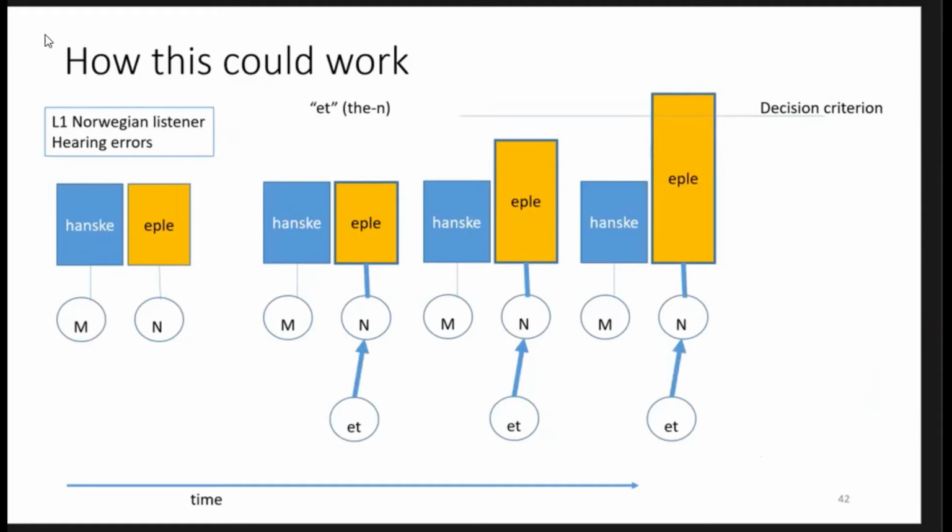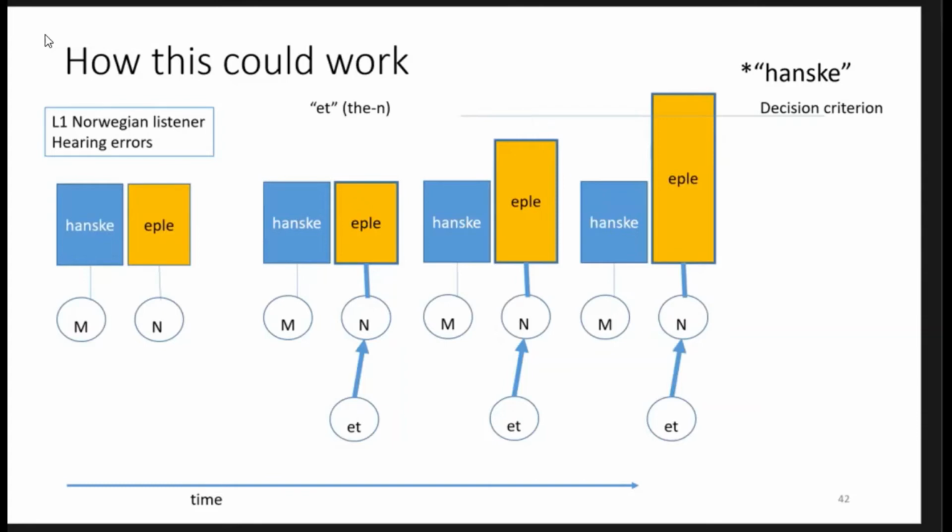This is a situation that's related to the German speakers that were confronted with these errors. Say that you have your L1 Norwegian speaker, and they are predicting Apple. This is what I showed you before, but then rather than Apple, they get a wrongly gendered noun in the input.